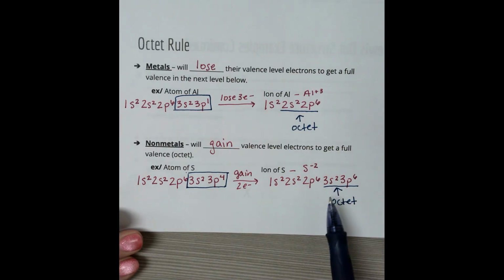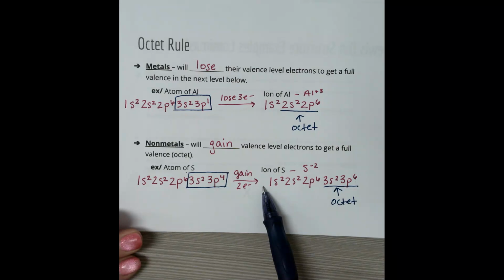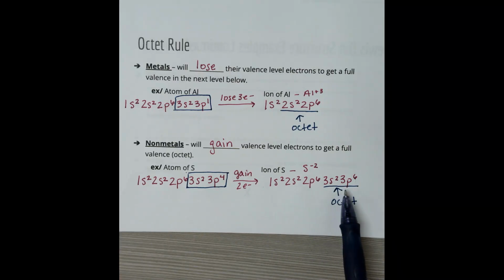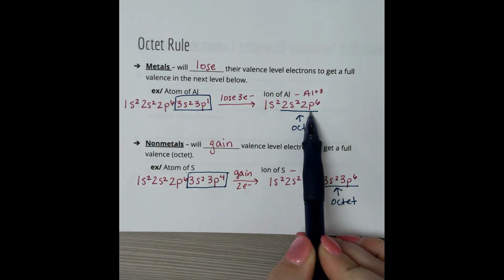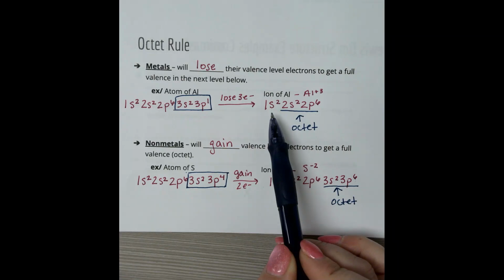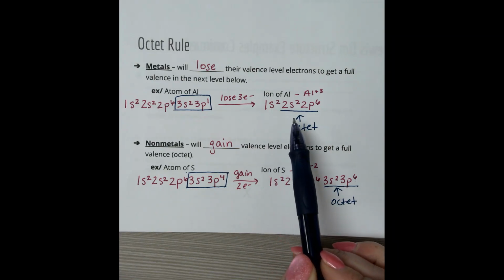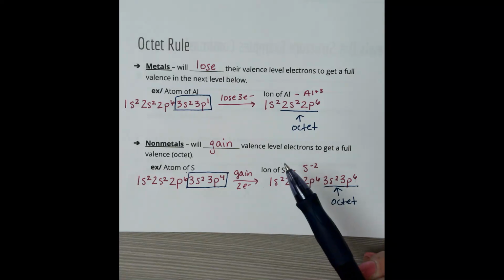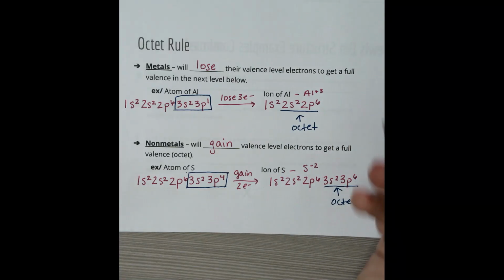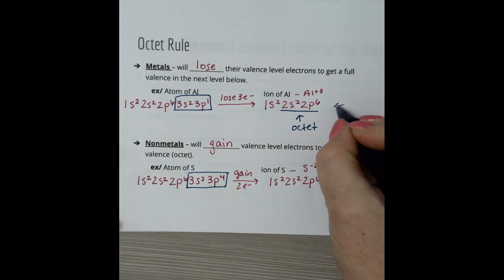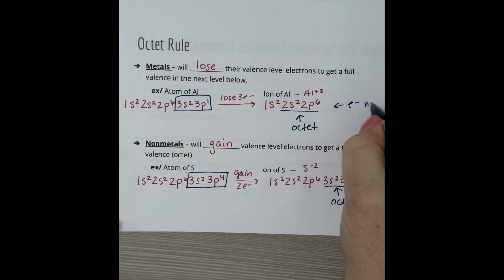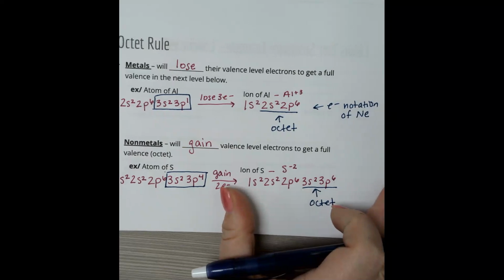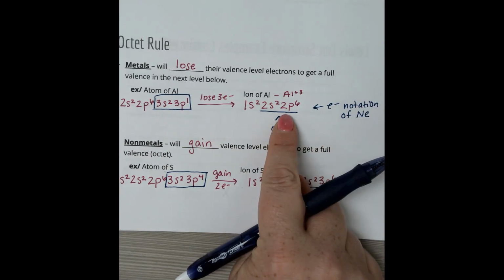Now, if I looked at this notation on the periodic table, I would notice that this notation is going to correspond to a noble gas. Same with this notation. If I were to look this up, the 1s2, 2s2, 2p6, I would be looking at neon, because that is where we end with neon.